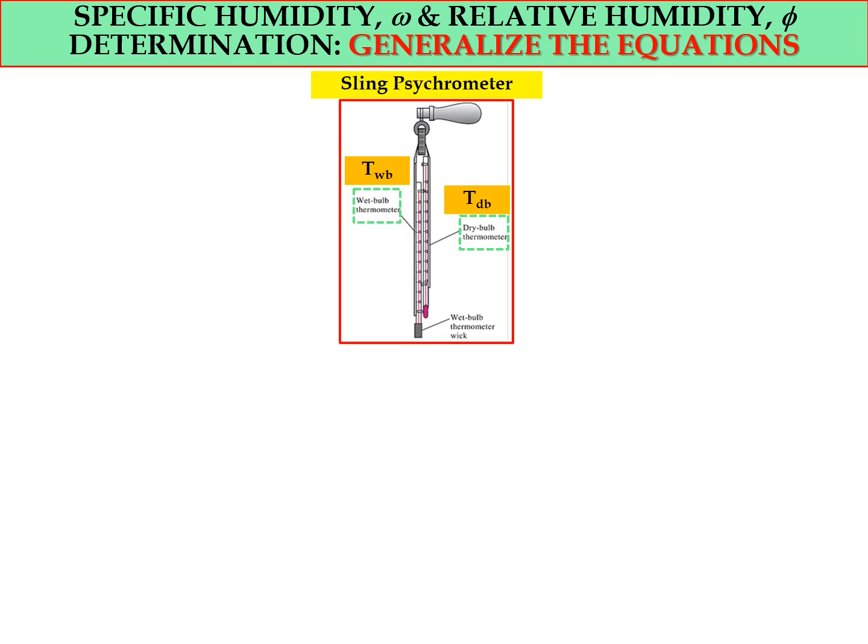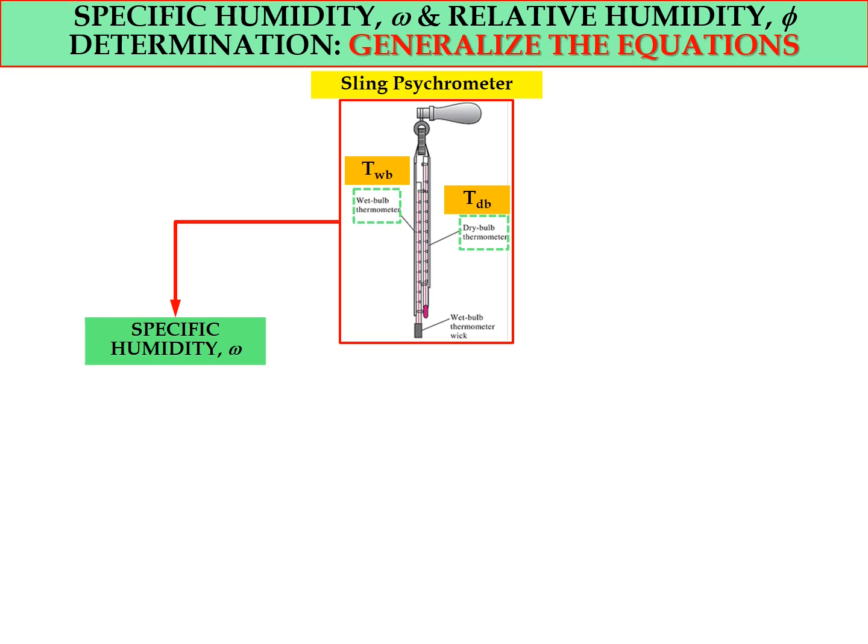As you know, from the sling psychrometer we can determine the wet bulb temperature and the dry bulb temperature. The wet bulb temperature is the same as T2 for the adiabatic saturation process, and the dry bulb temperature TDB is equal to T1 for the adiabatic saturation process. So in the equation, instead of T2 and T1, we will use TWB and TDB, based on the temperature values obtained from the psychrometer.